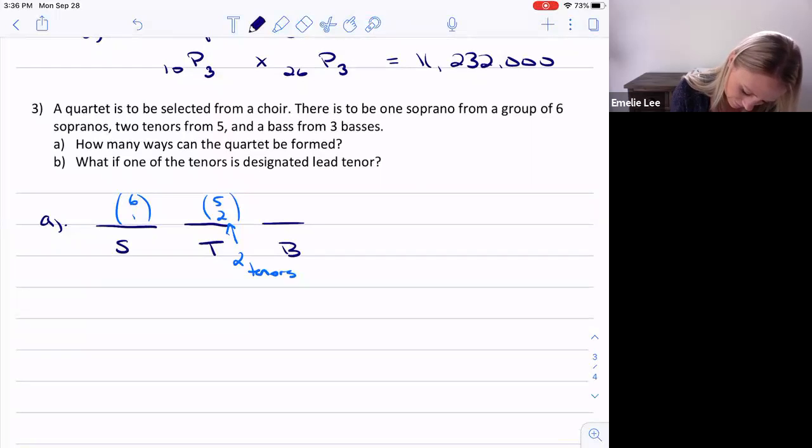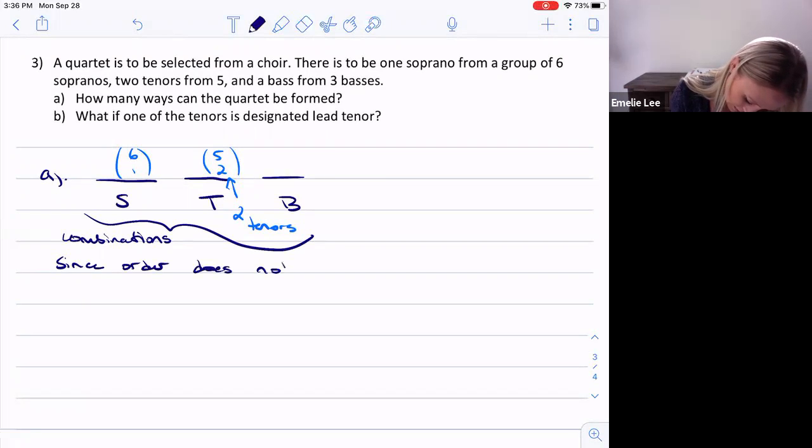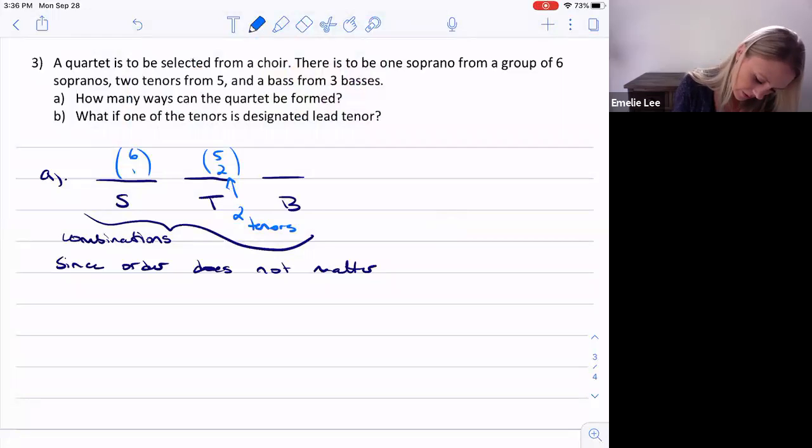Let's see here. Combination. I'll extend this little, since order does not matter. And then for the bass, we're selecting 1 bass from 3. 3 choose 1.